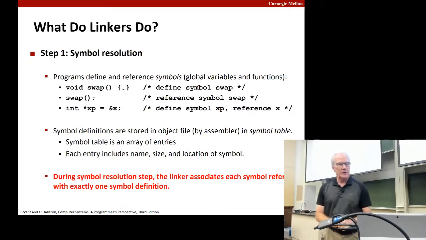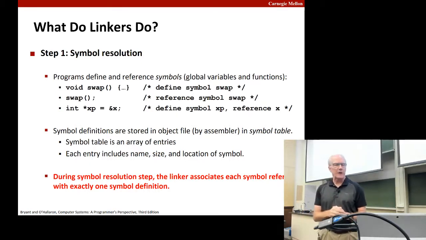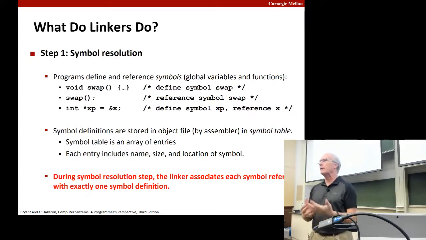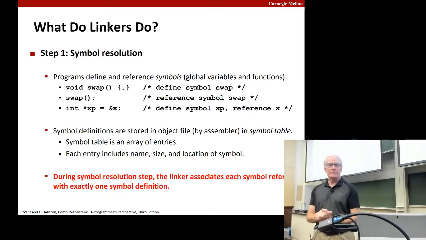So the key activity is what they call resolving symbols. A symbol is the name of a variable or a function, and we might reference it in one place, we might declare it in others, we might define it in some, and where does that all get put together?